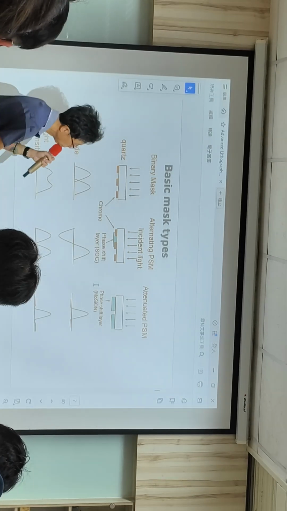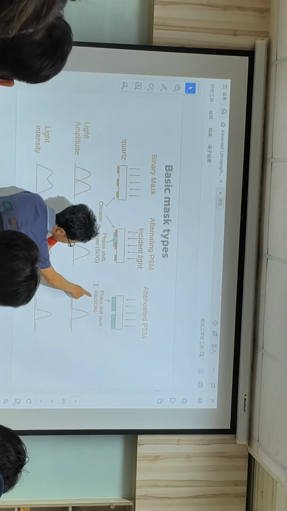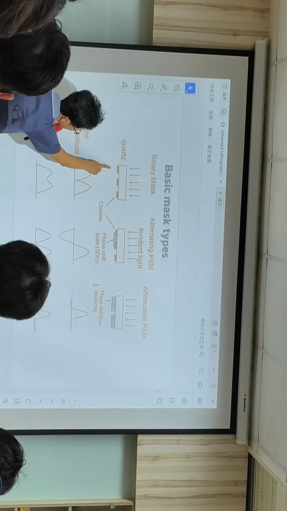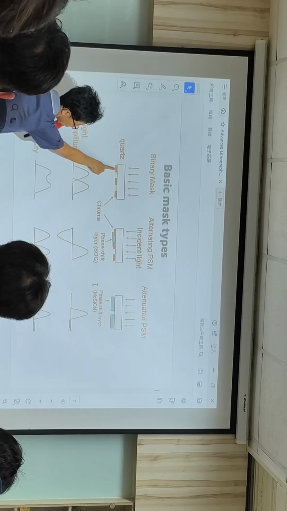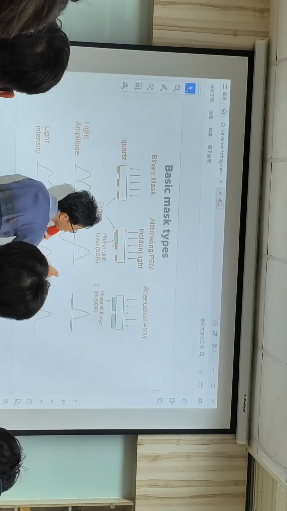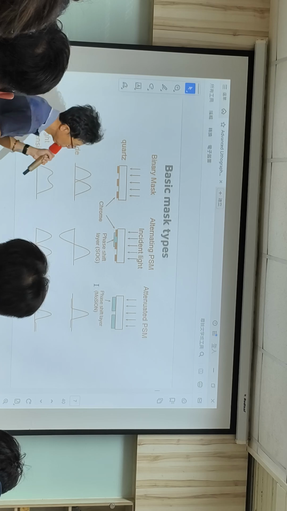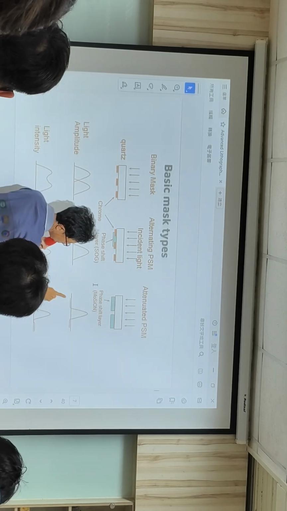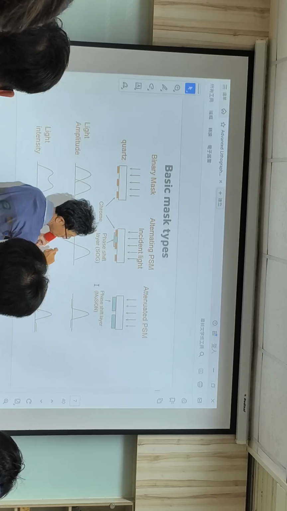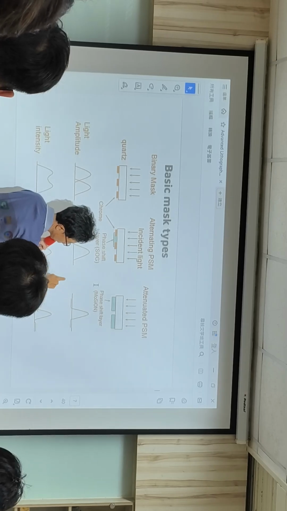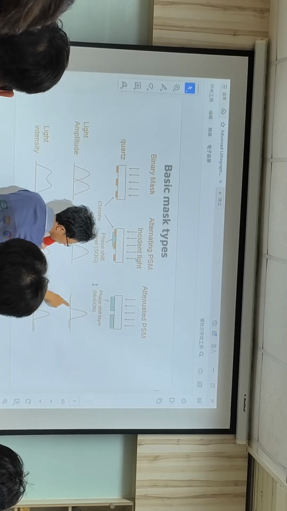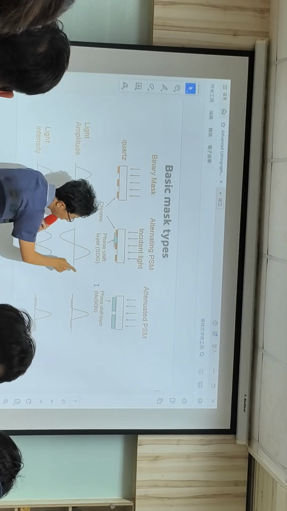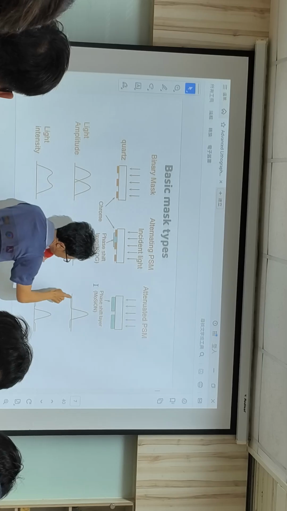And for the attenuated phase shift mask, the majority we use is 6%. Compared to this, which is 100% dark, this is only 6% transparency. If this is 1, this is only 0.06. So the amplitude is very small, but not 0, and the phase is a 180-degree difference.